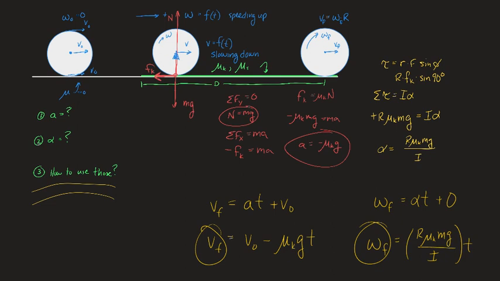Maybe not where, but we can certainly find out when that occurs, because this occurs at the same time that this must occur. So that's what we have to look for: what time does this happen? Once we have the time, we can go back and figure out how far it slid. But we need to figure out the time it takes to slide to this point.